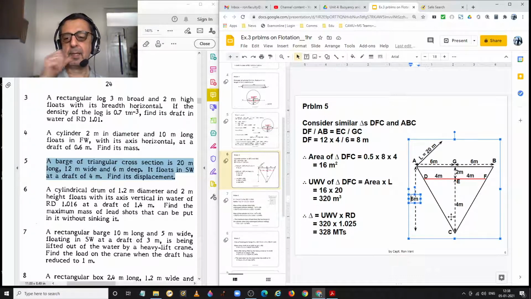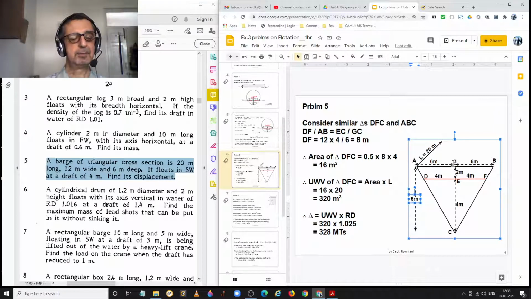Now we know that the centroid of the triangle lies at 1/3 from the base or 2/3 from the apex. And since it is not given to us in the problem, always the triangular shaped object has to be with apex downwards and the base on the top.